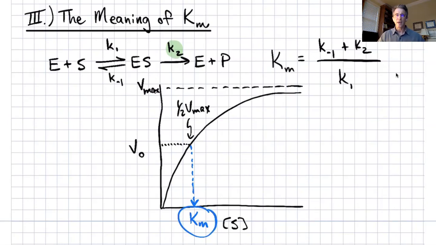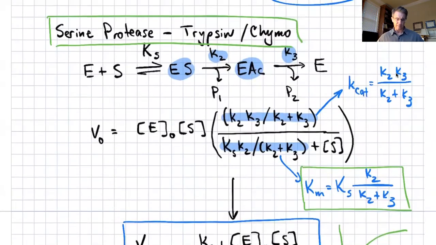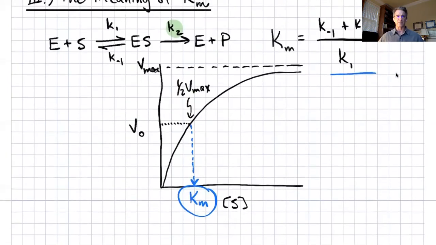That's going to be true even for the Briggs-Haldane mechanism, even for the serine protease mechanism, this multi-step mechanism we talked about before, where Km is a more complex function. Even in more complex mechanisms under steady state conditions, measuring the initial rate, 1/2 Vmax is still going to give you the Km.